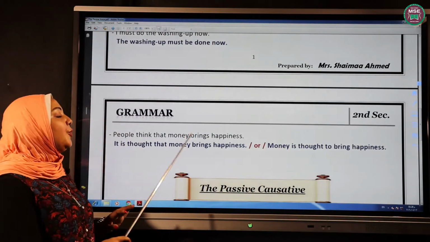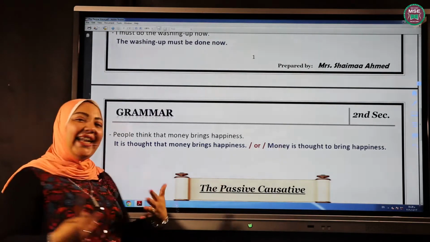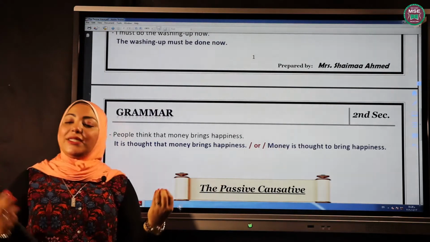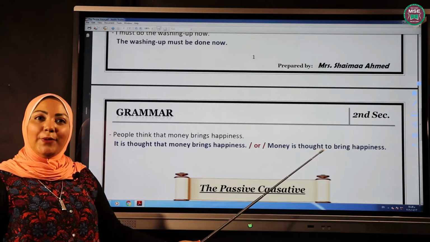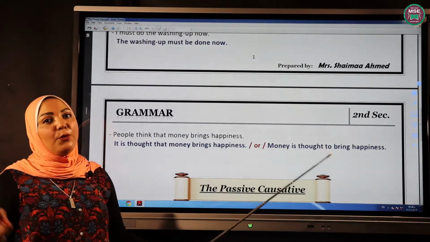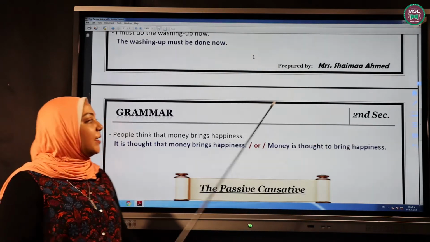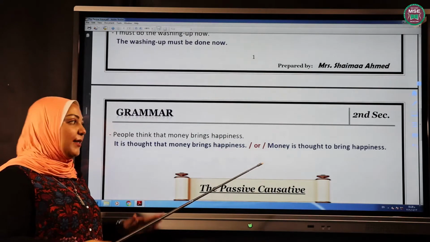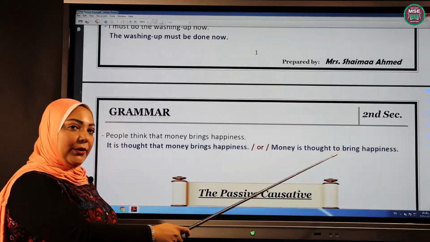Then you need to move to the other verb, which is brings. How can I link the two verbs, thought and brings? You are going to use the linker to, and to, of course, is followed by the infinitive. So, to bring happiness. The reporting passive the other way: money is thought to bring happiness.